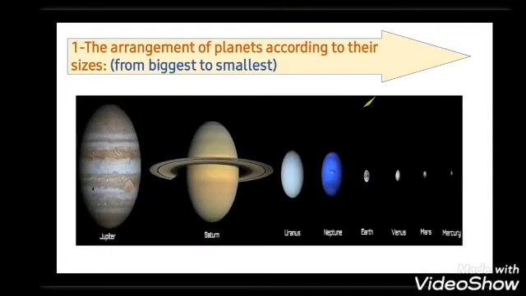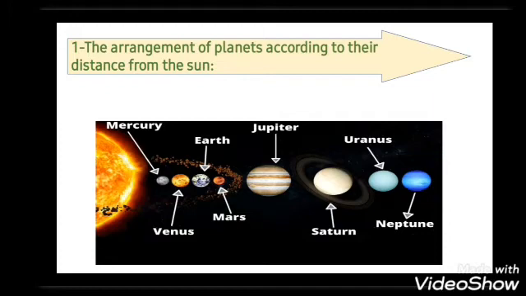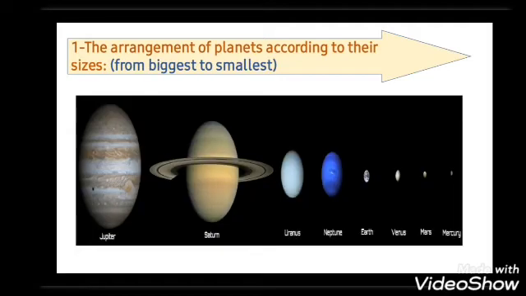So the nearest planet to the sun is Mercury, and the farthest planet from the sun is Neptune. The biggest planet in size is Jupiter, and the smallest planet in size is Mercury.